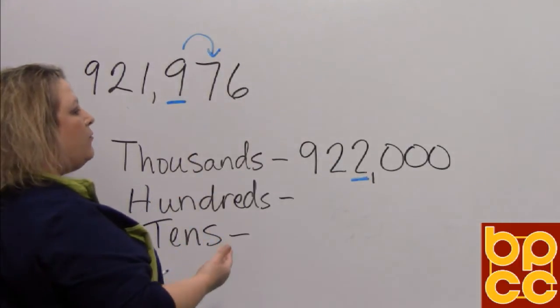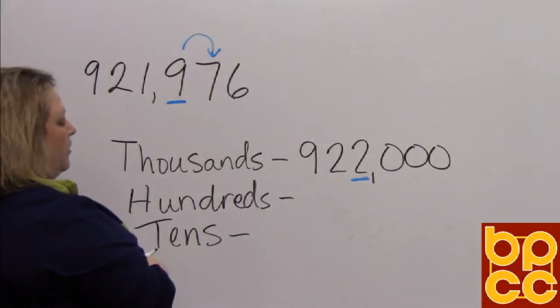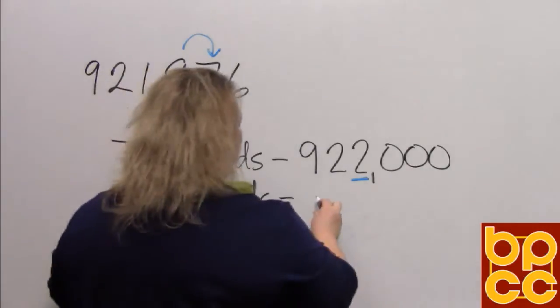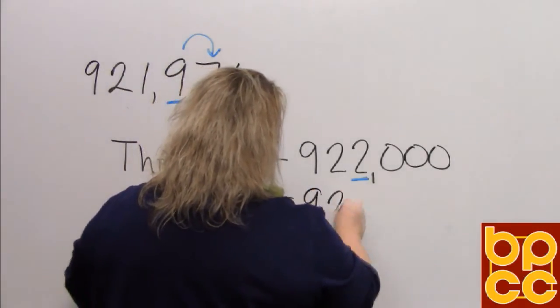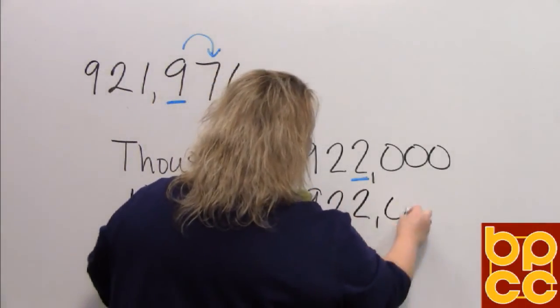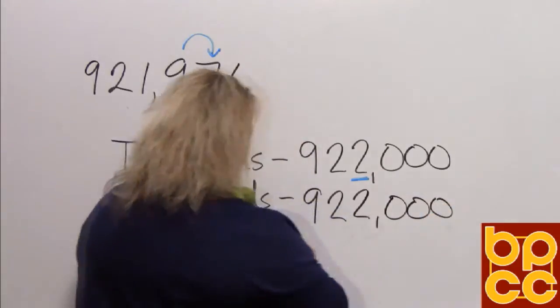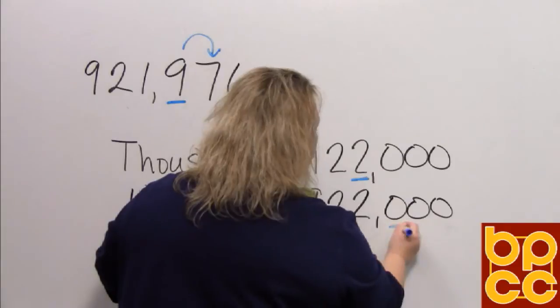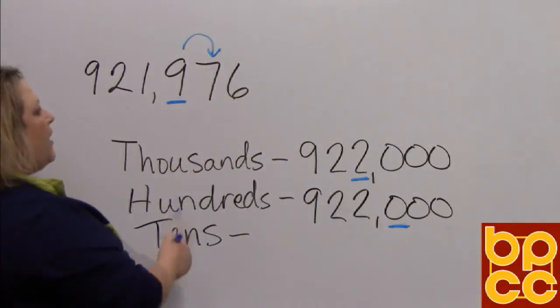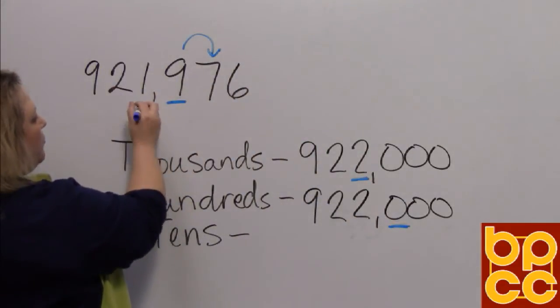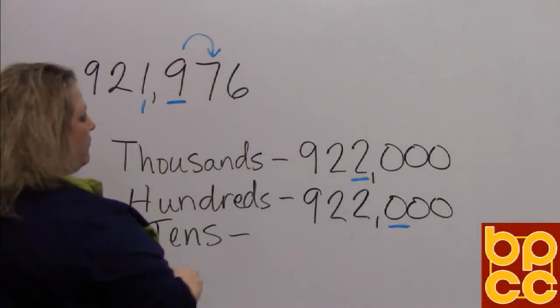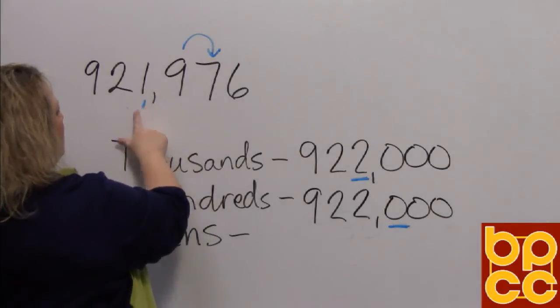When we have 10, we also have to add 1 more to the one in front of it. So when we round this number to the hundreds place, it would also become 922,000. The 9 became a 10, and when it became a 10, we added 1 to this one, because you have to carry when you run out of room.